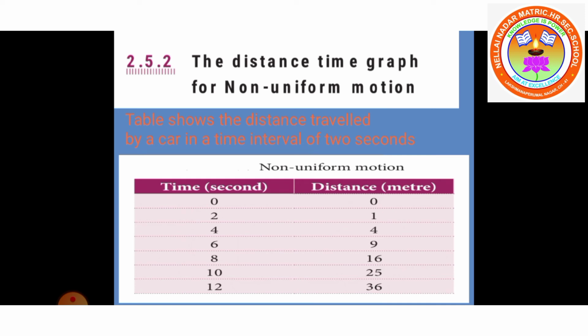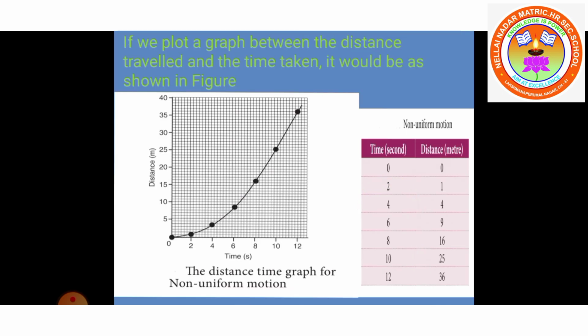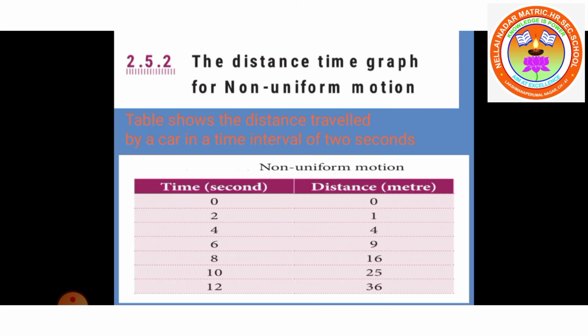It gives the distance traveled by a car in a time interval of 2 seconds, for every 2 seconds, in the tabular column. Using this tabular column, for the first 2 seconds the car travels a distance of 1 meter.